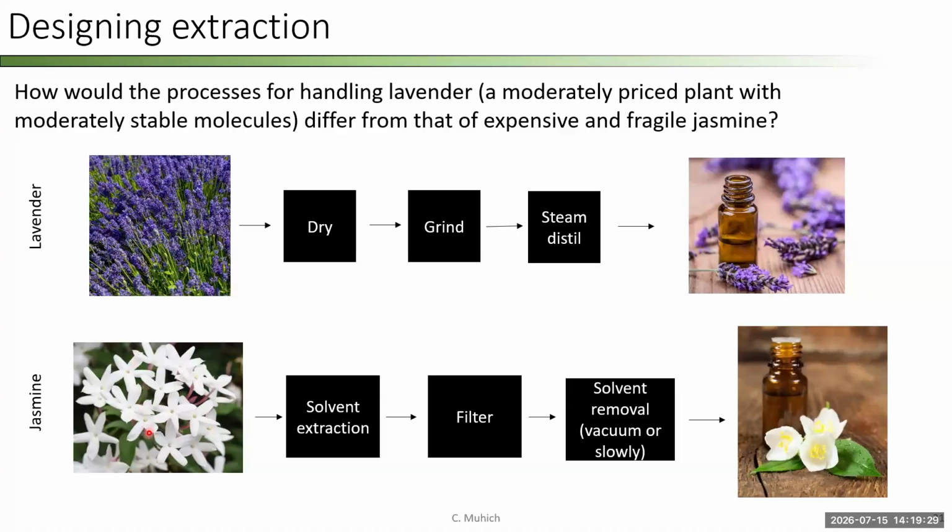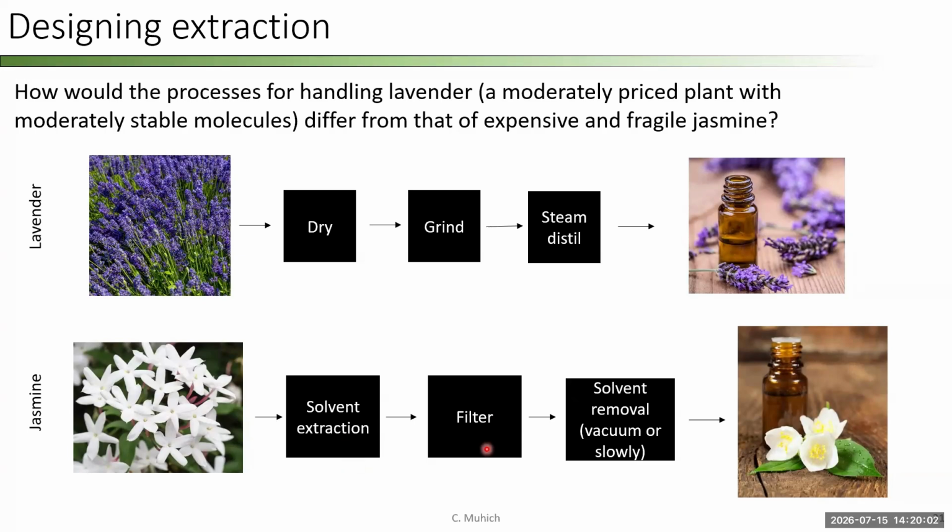Conversely, jasmine is really expensive and its molecules are fragile. Therefore, anything that requires heat, you don't want to do. Additionally, these tend to be somewhat volatile, so we want to get these molecules into our storage form quickly. So we don't want to dry them. We generally take the jasmine flowers and, as quickly as possible, get them into a solvent to start extracting them.